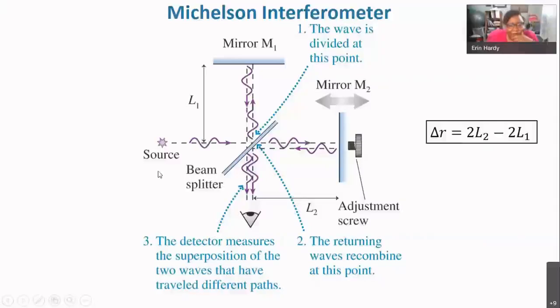So their first crack at this, and I want to say 1881, but you can fact check me there in case I'm wrong, they hypothesized that there was some material that was hard to detect called luminiferous ether, whose job was just to move light from one point to the next.